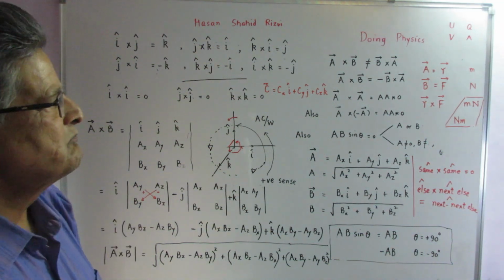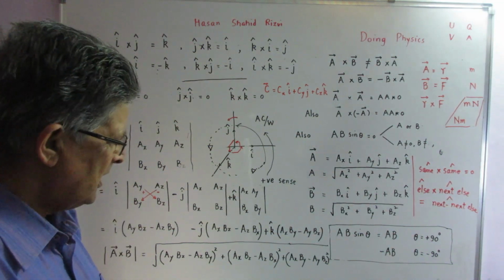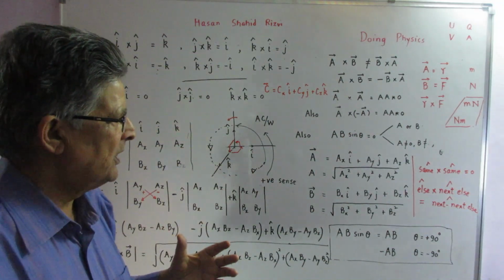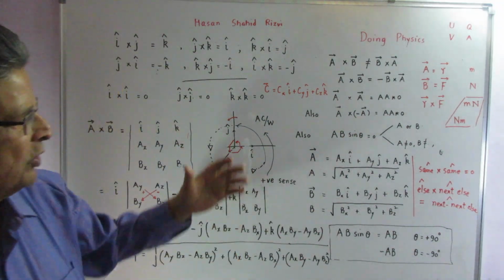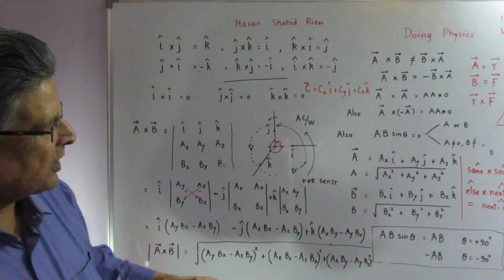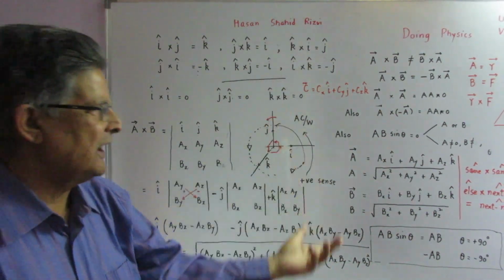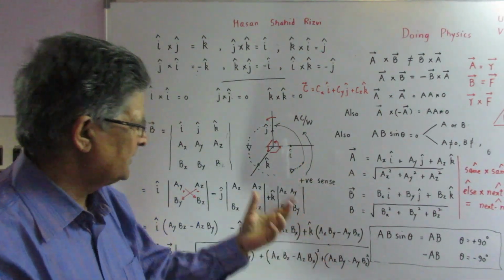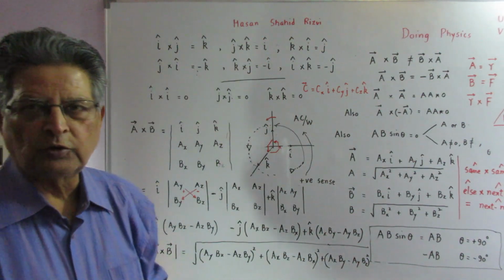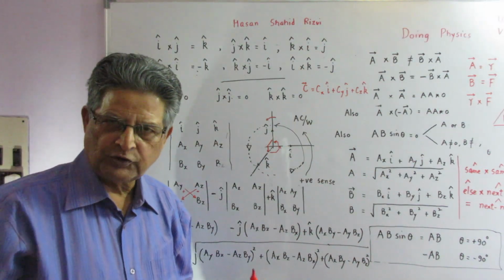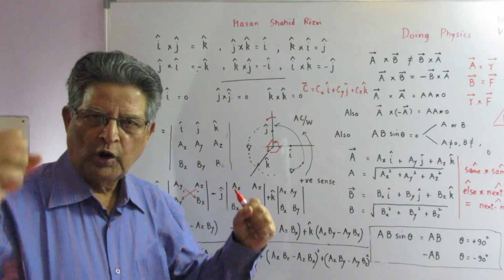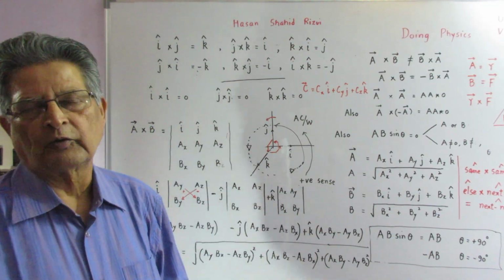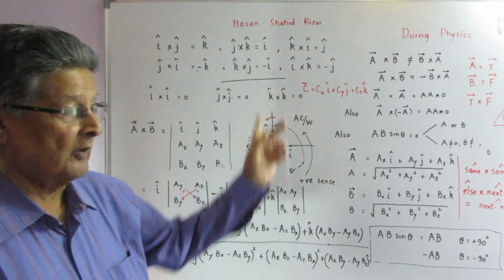So we'll come back to you, inshallah, and I hope that you have enjoyed the cross product, the definition, the values, and what happens. This will suffice to equip you to deal with any situation of cross product. Dot product I've already done.